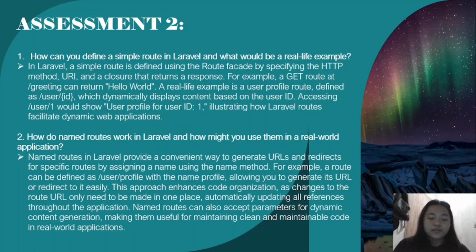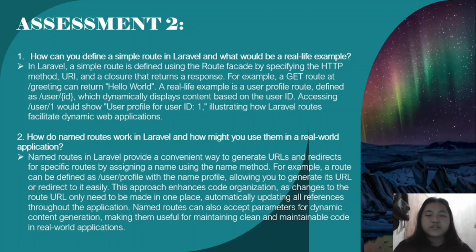How can you define a simple route in Laravel and what would be a real life example? In Laravel, a simple route is defined using the Route facade by specifying the HTTP method, URL, and a closure that returns a response.